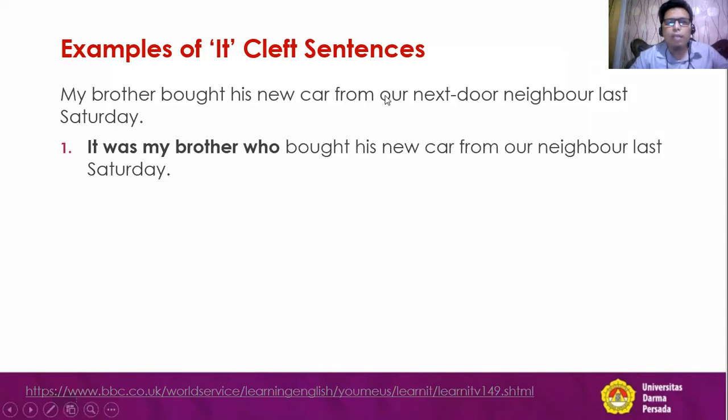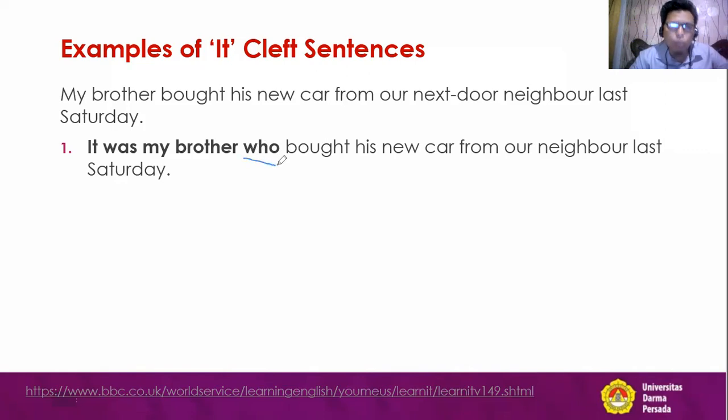Let's read together. It was my brother. Okay. Everybody, we have it, we have to be, and then we have my brother. My brother is the emphasis. My brother is the focus of the sentence. And then after that, we have a relative clause with who.